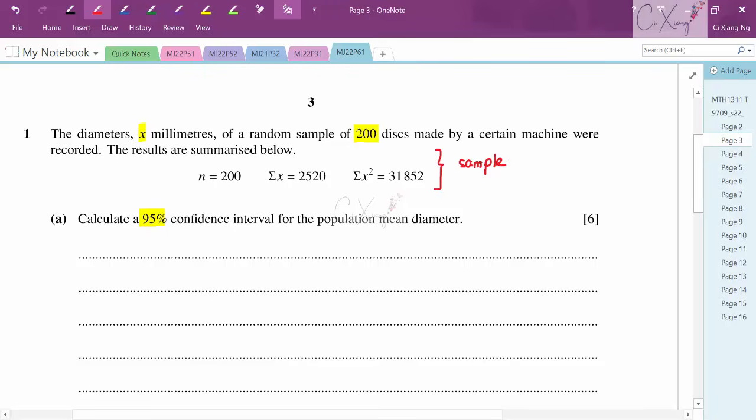Therefore, we have to get the unbiased estimates for the mean and variance of the population first. Since this is a sample, we can use the sample values to calculate the confidence interval.